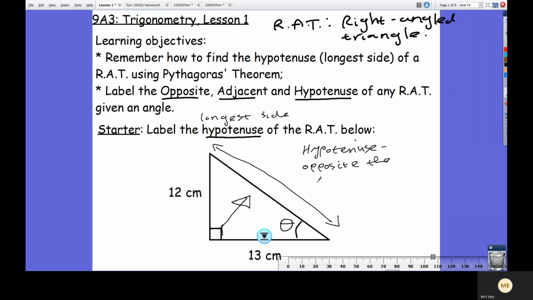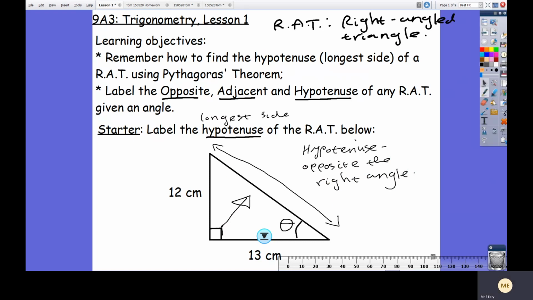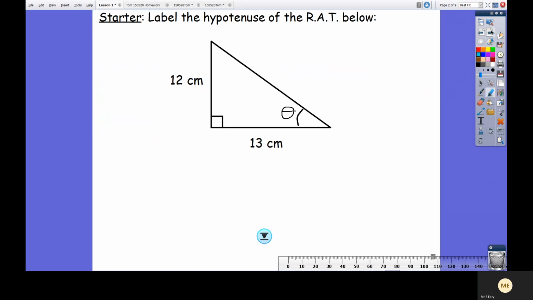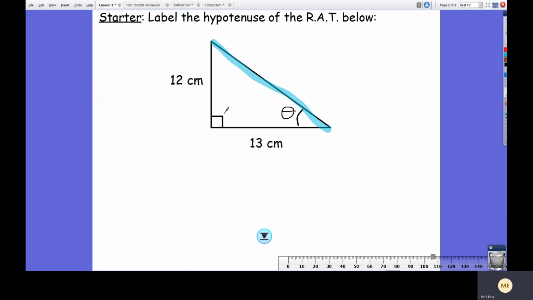So this, I'm going to highlight it in blue, would be the hypotenuse. So what I've highlighted in blue is the hypotenuse. Whenever you have a right-angled triangle, if you draw an arrow from the right angle, the side that it points to will be the hypotenuse.